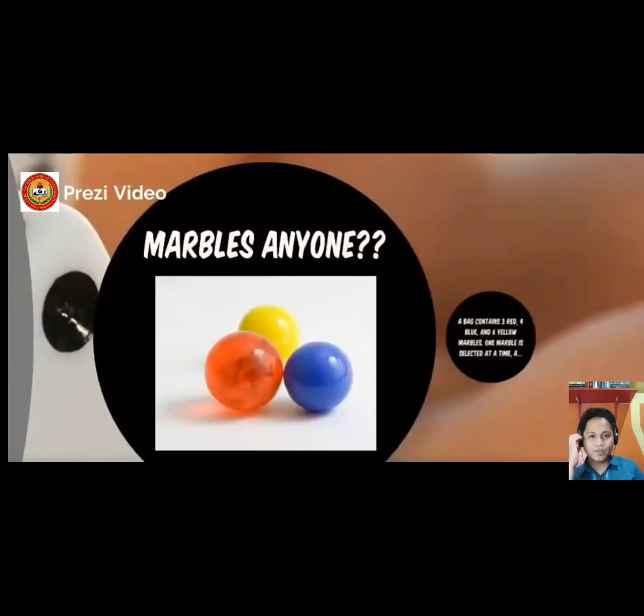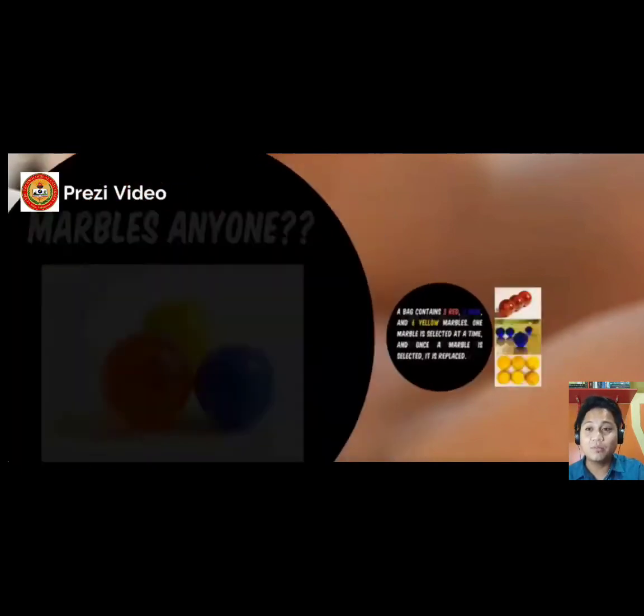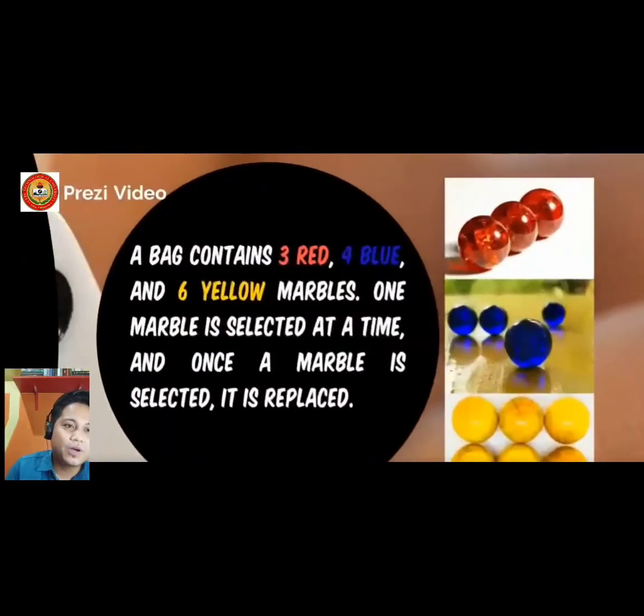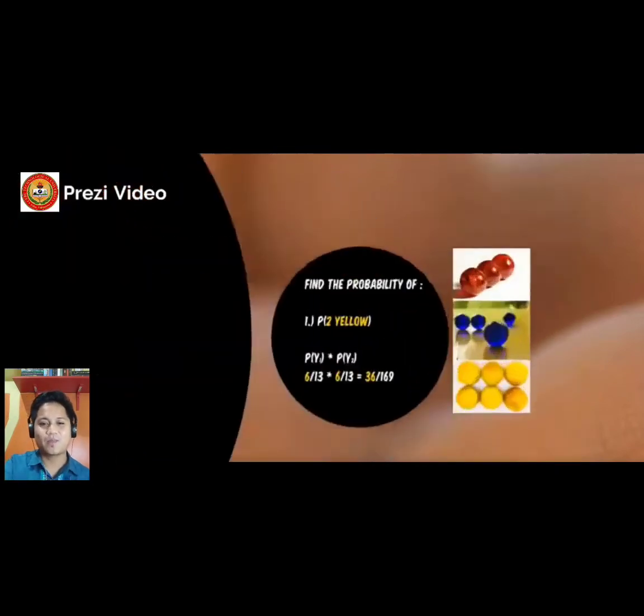How about an example with marbles? A bag contains 3 red, 4 blue, and 6 yellow marbles. Imagine we have 3 colors in the bag. One marble is selected at a time, and once a marble is selected, it is replaced.